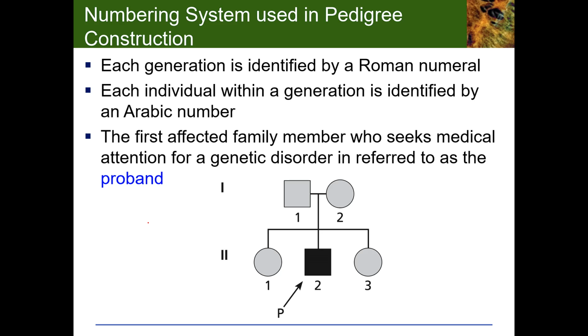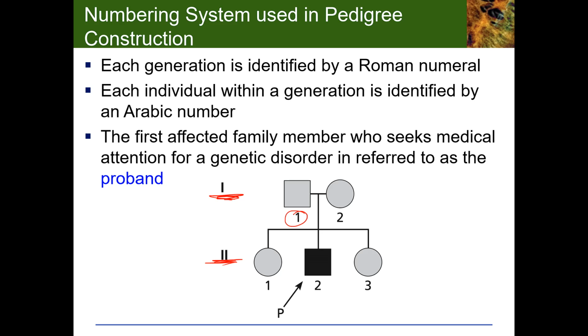Okay, each generation is identified by a Roman numeral. So here, for instance, the first generation, the parental generation, if we were using Mendelian terms, P1, right? So that would be Roman numeral 1, and then the first filial generation, the F1 generation, would be Roman numeral 2, and then each individual within the generation is identified by Arabic numerals.